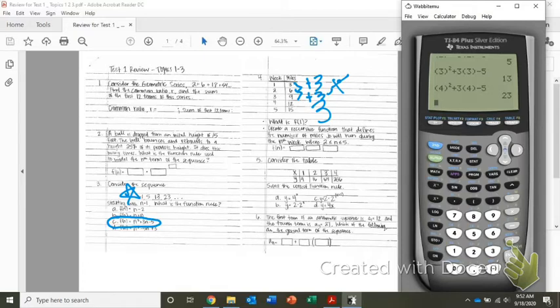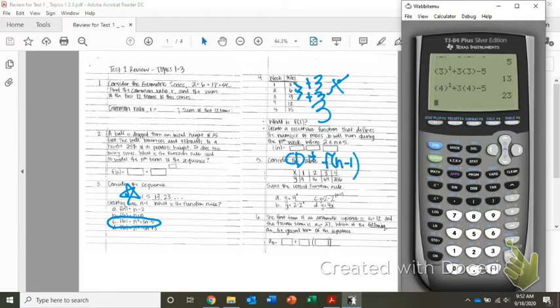So, first, common difference. Every time we're doing what operation? We are adding. Then we are using the recursive definition, because I have to know the term before to get the term I'm currently doing.